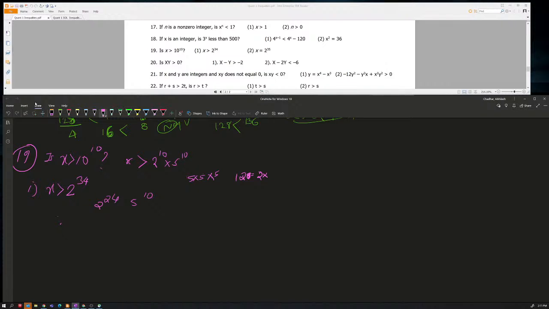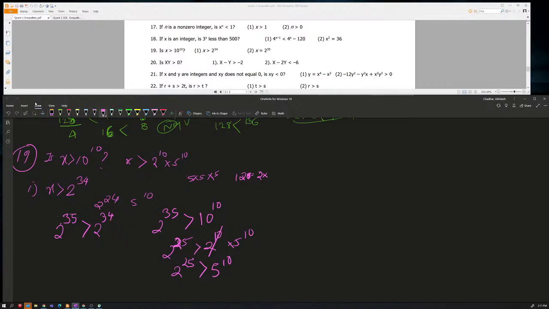Yeah, one thing we can do: is 2 power 34 greater than, okay, so let my number be 2 power 35, right? It is greater than 2 power 34 for sure. So 2 power 35 is greater than 10 power 10. That means 2 power 35 is greater than 2 power 10 into 5 power 10, and 2 power 10 I will cancel, and I'll make 2 power 25. 2 power 25 is greater than 5 power 10, right?